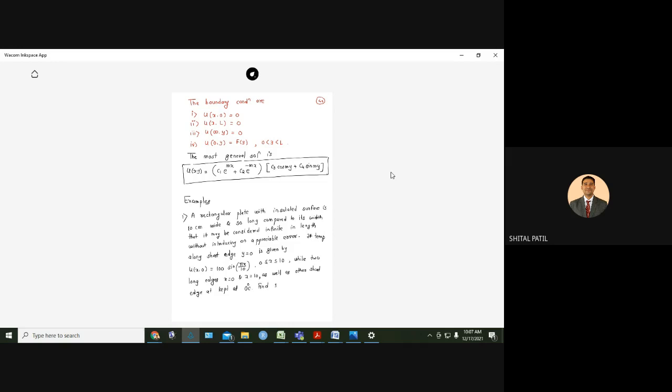Find steady state temperature u of x, y. This is to be obtained.